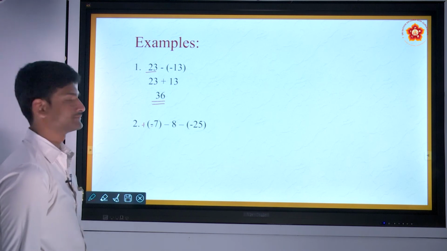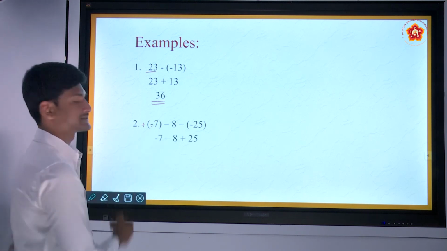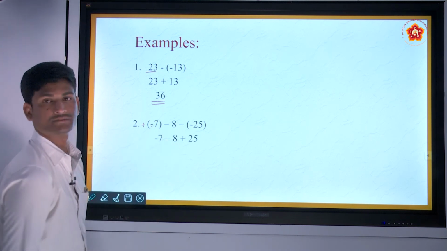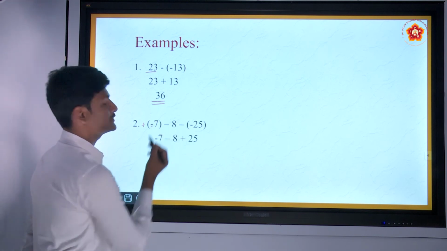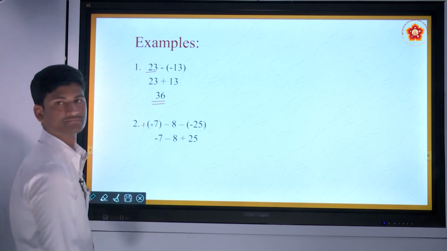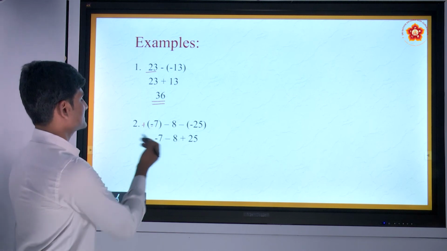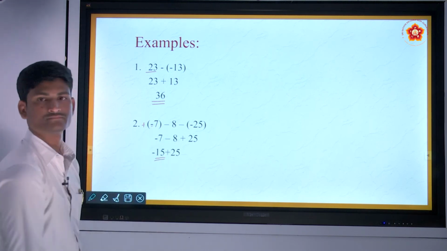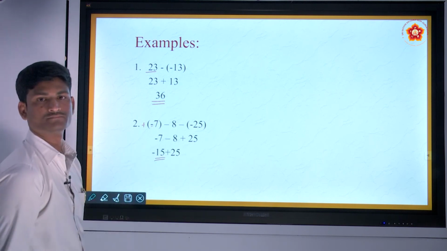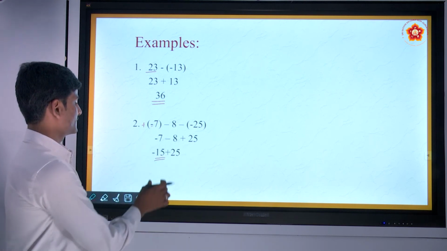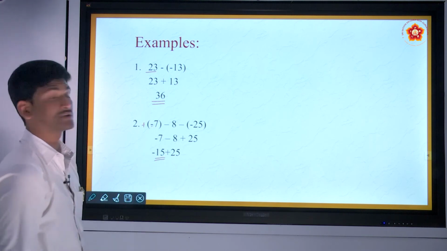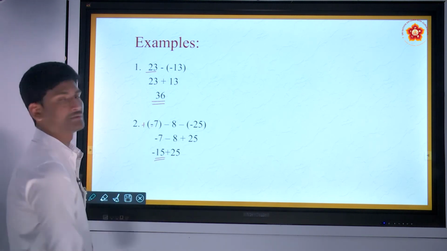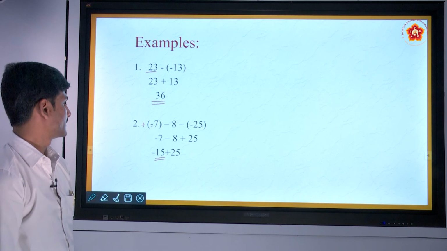Plus into minus, minus 7, minus 8, and also minus into minus, plus 25, right? Minus 7 minus 8 is minus 15 plus 25, right? This is one positive integer and also one negative integer, right?